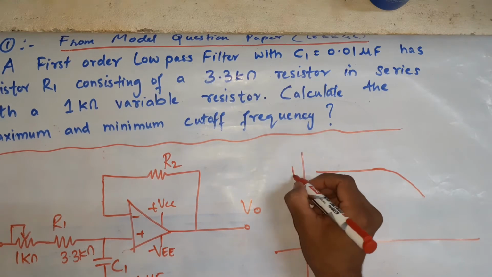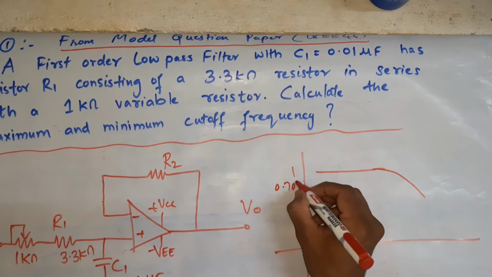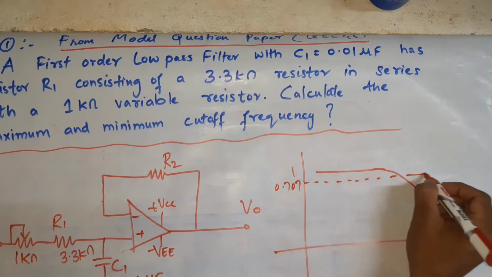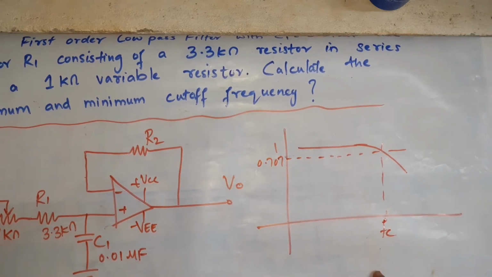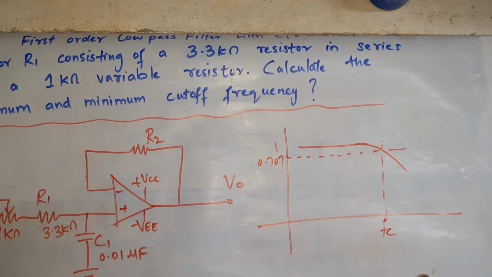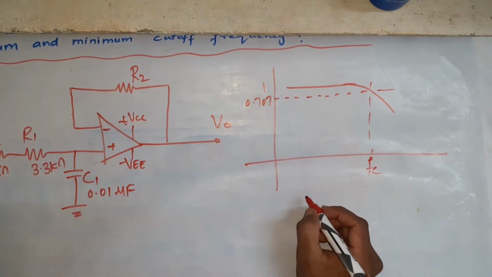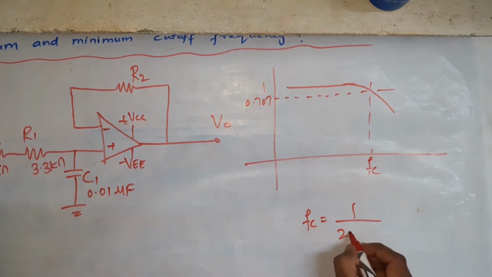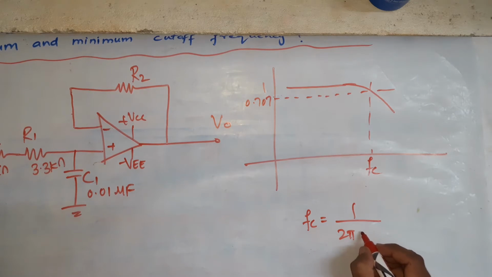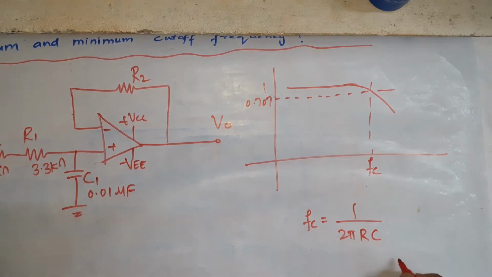If this is your 1, then 0.707 will be somewhere here, which is nothing but minus 3 dB. This is your FC. What is this FC? Cutoff frequency. Now how is the cutoff frequency given? 1 over 2 pi RC, isn't it? Now R1 C1, this becomes R1 C1.